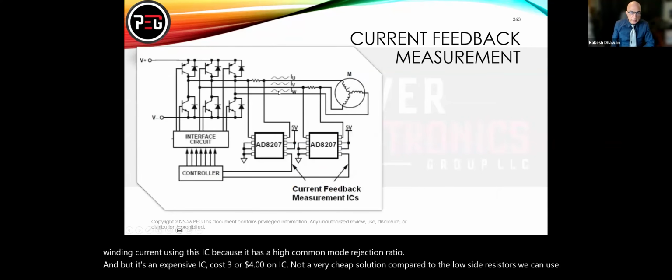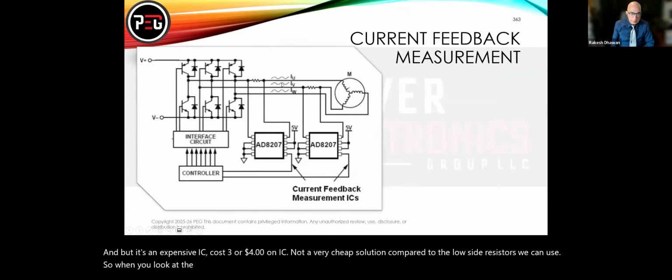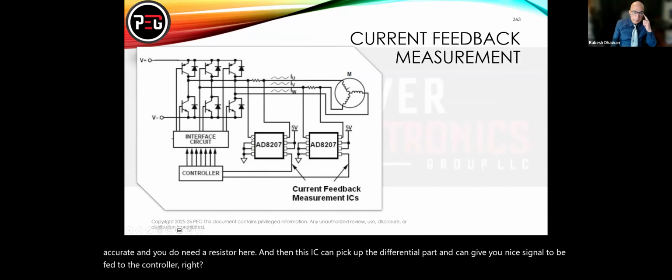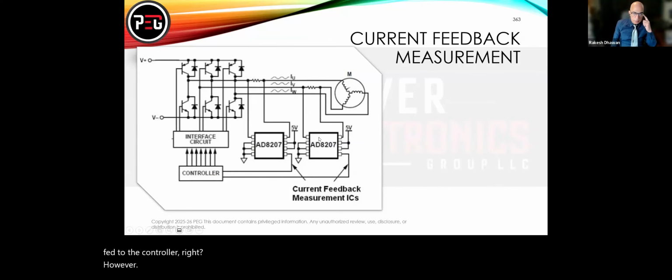When you look at the measurement, this is the best measurement you can have because it has no noise and it's the most accurate. You do need a resistor here, and then this IC can pick up the differential part and give you a nice signal to be fed to the controller, right? However, this turns out to be a pretty expensive solution.